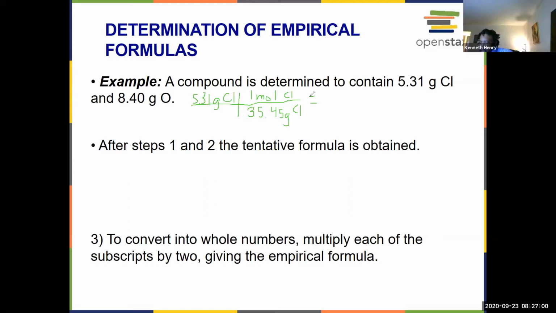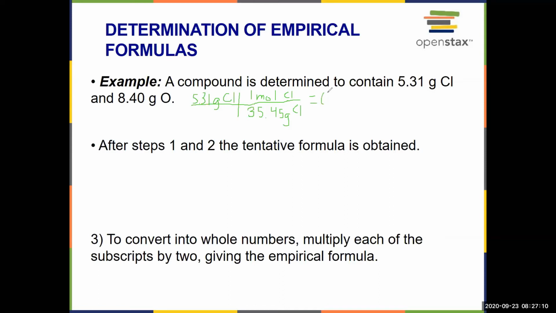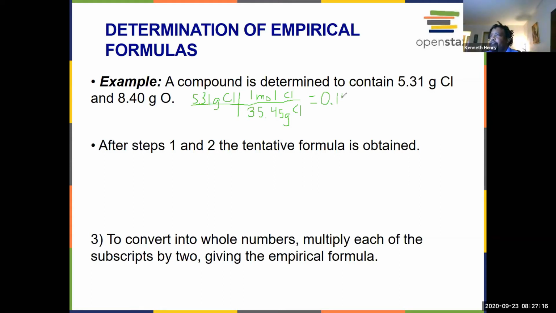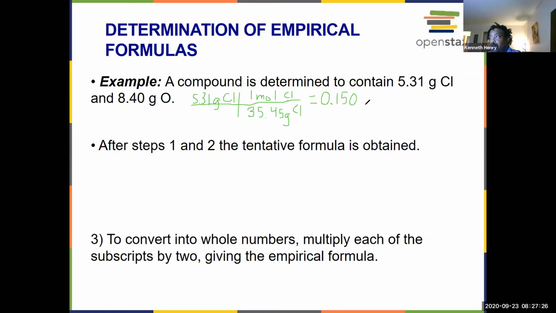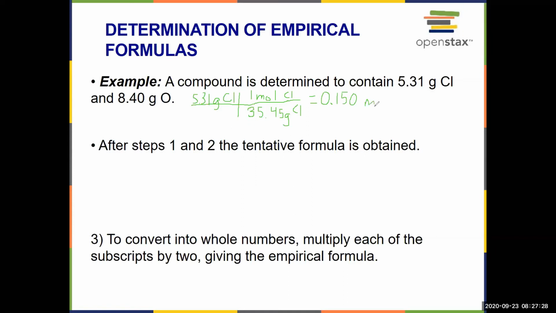Who's quick on the draw? It's 0.1497. How many sig figs should I have? 3, but if I round it up, then it makes it 0.150. And that's not horrible, is it? No.